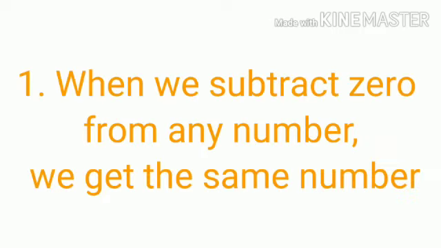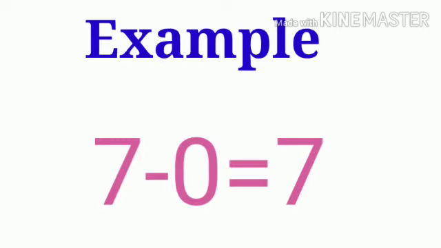When we subtract 0 from a number, we get the same number. Let's take an example. Let's subtract 0 from 7. When we subtract 0 from 7, we get 7 as difference. Let's take another example.